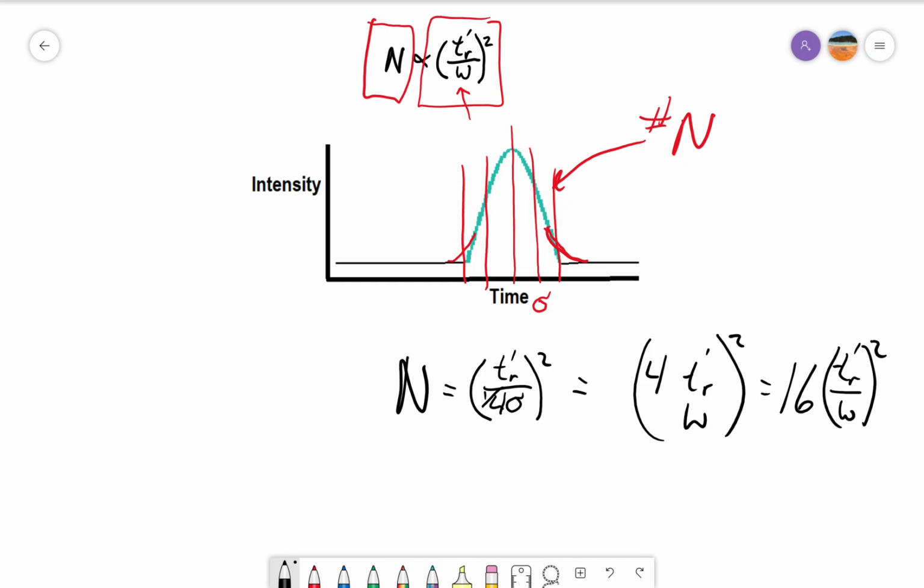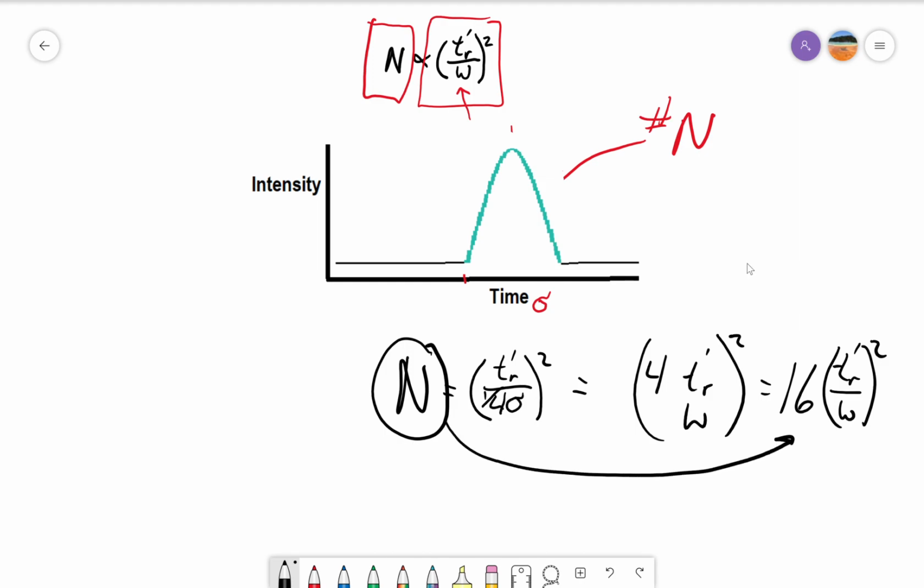The number of equilibria is going to be based on the width of the peak and its adjusted retention time. We can calculate how many equilibria must have occurred if we have T prime r and W.